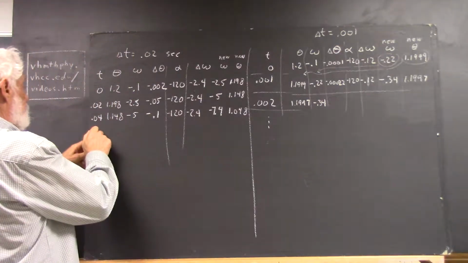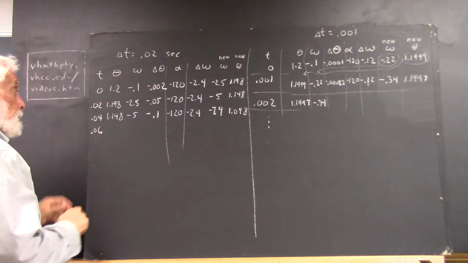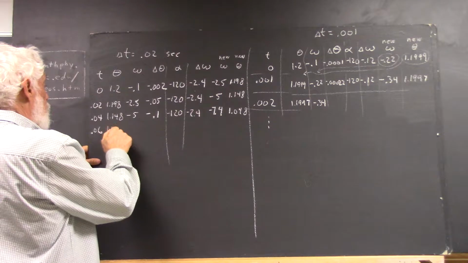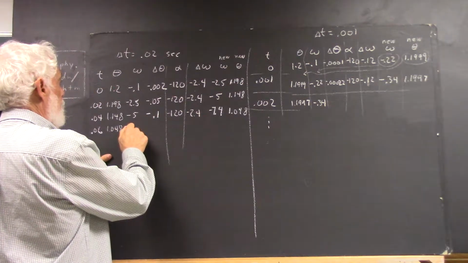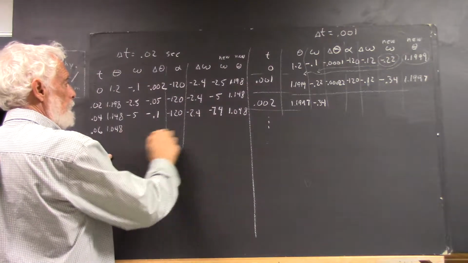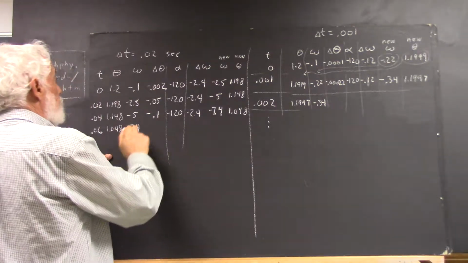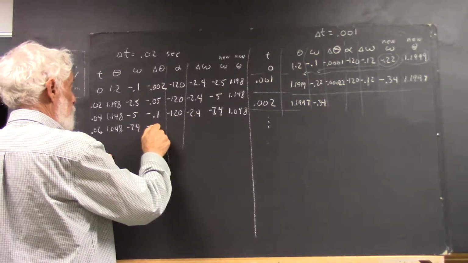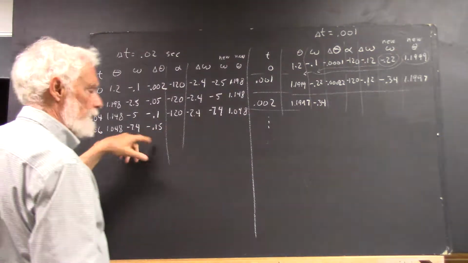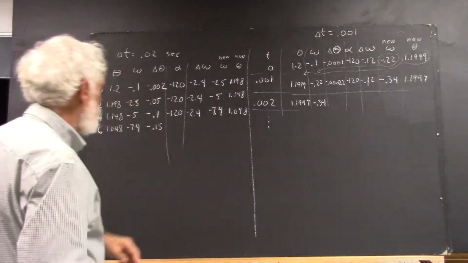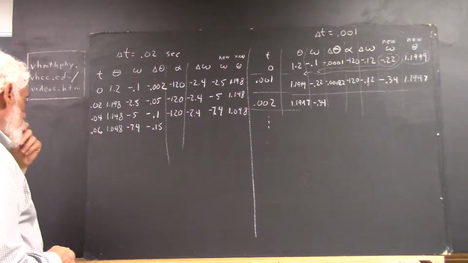Okay, so now t changes by 0.02, so t is 0.06. We got 1.048. Then omega is -7.4. So the delta theta, omega times delta t, is going to be about -0.15, approximately, 148. So I'm being a little careless, just accepting a little approximation with these things.